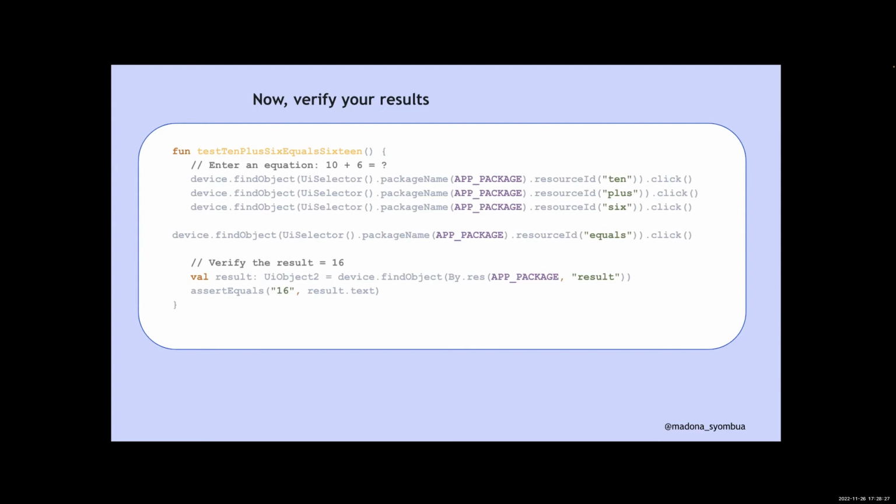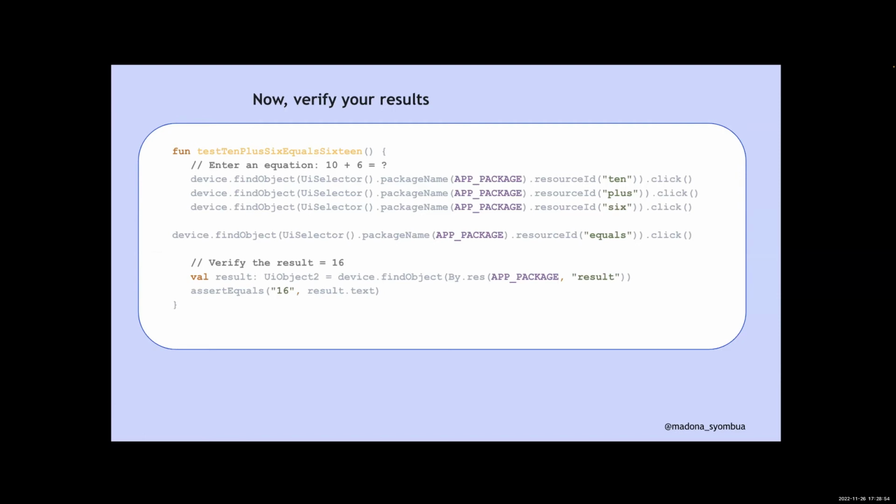But as you can see here, in a simple example, we have that app package, and then we get the resource ID, which is 10, and then plus 6. And then what we're verifying is that the resource ID is equal to that. So when we verify the result, you can see what we do at the end. The line is that we take the result as a UI object and tell the package name that this result will be equal to 16, and then result.text.